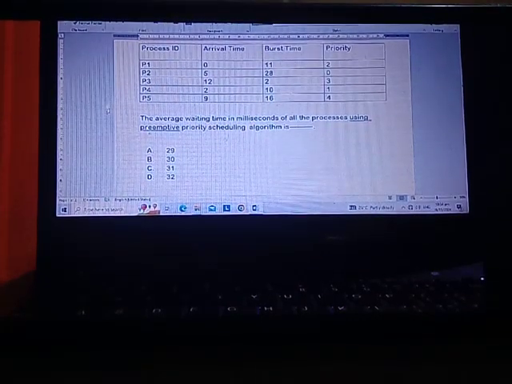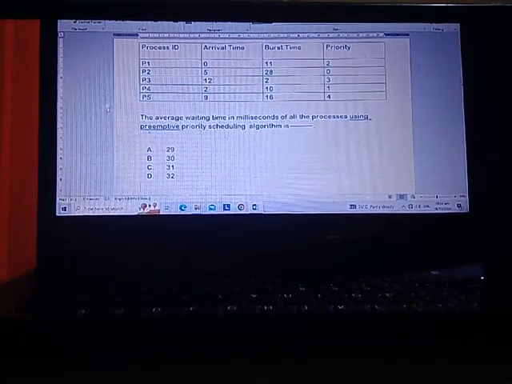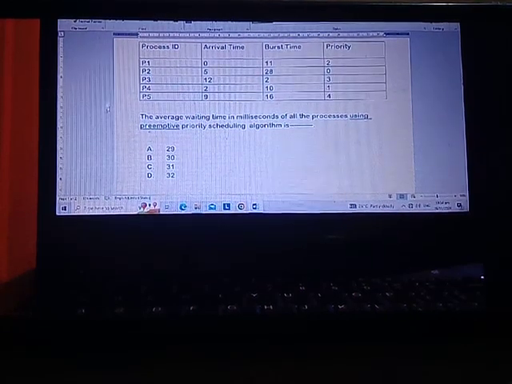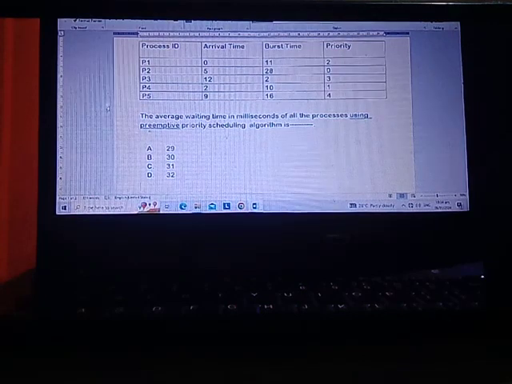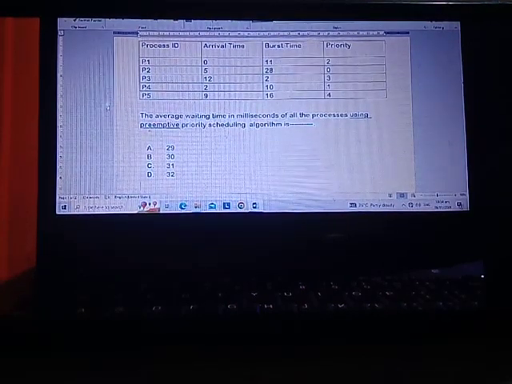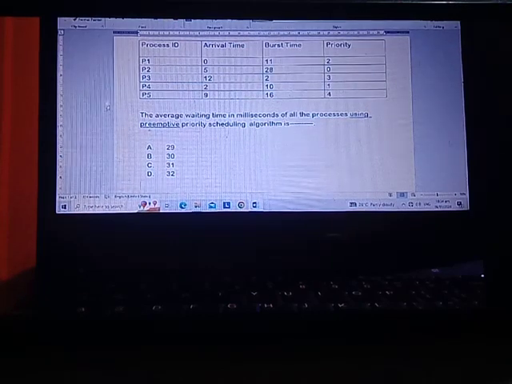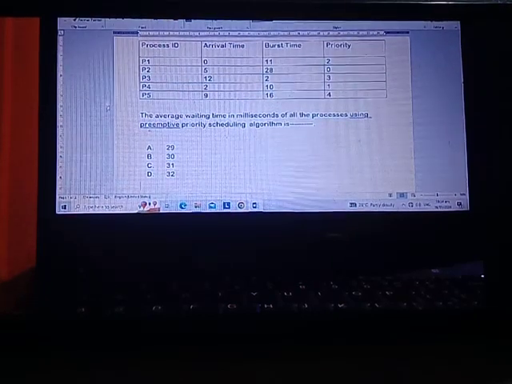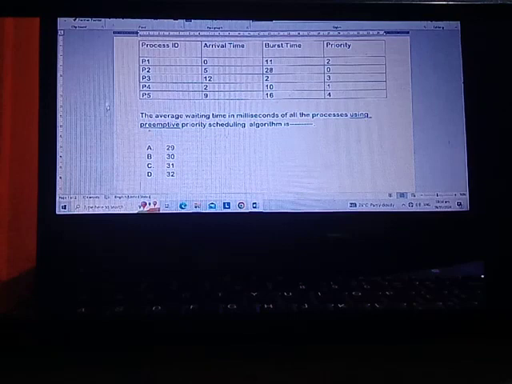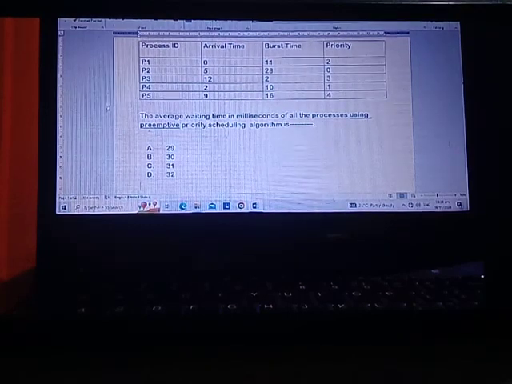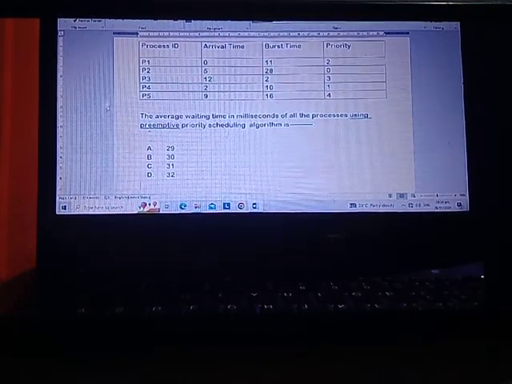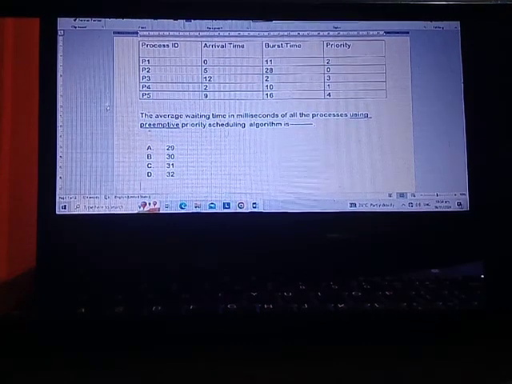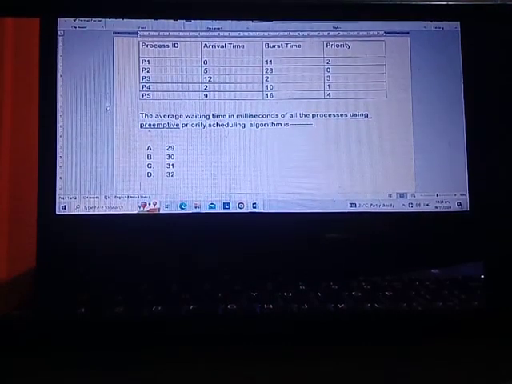That means the priority of P4 is higher than that of P1. So what will happen? P1 will be preempted and P4 will get the CPU. The CPU is taken away from P1 and P4 gets the CPU at 2 milliseconds. So how long did P1 execute? P1 executed for 2 milliseconds, and the burst time of P1 was 11 milliseconds.